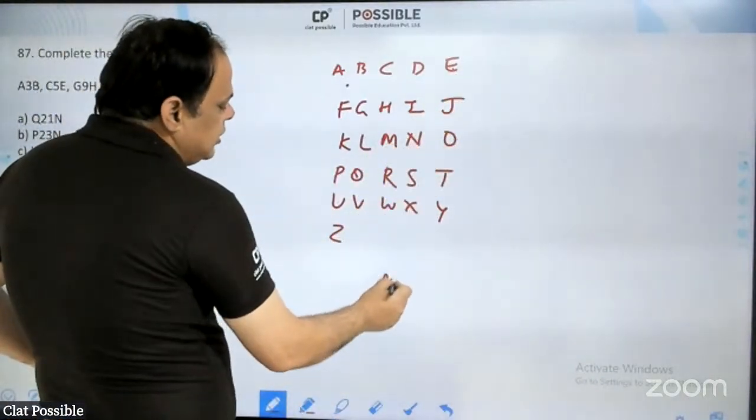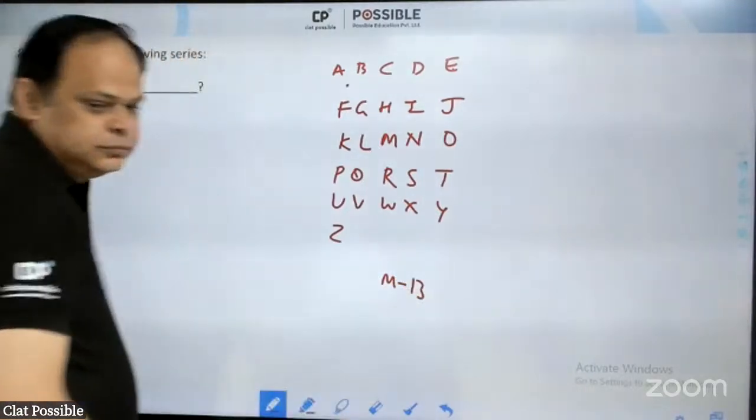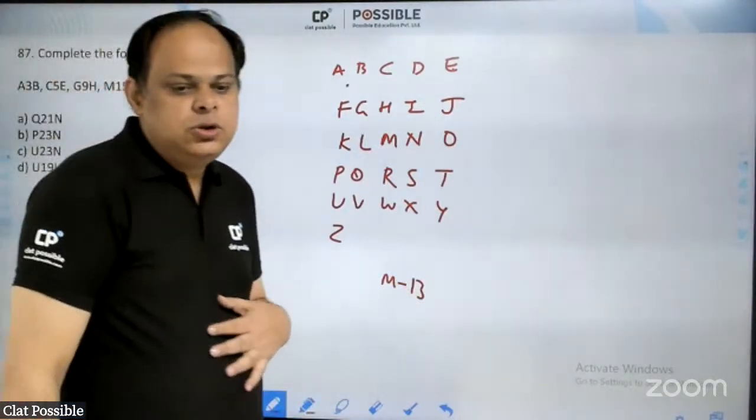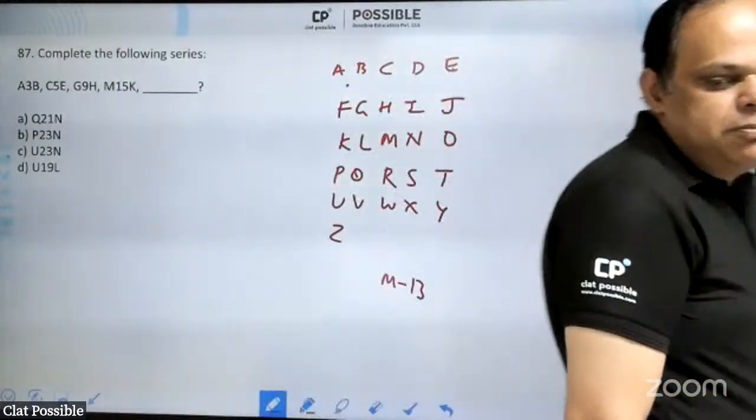So, M will be 30. Like this, you will be able to know the values of all the alphabets.